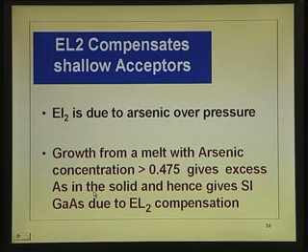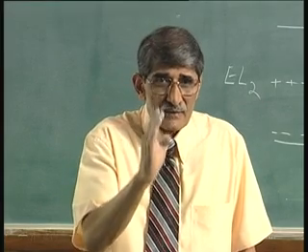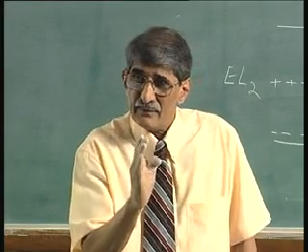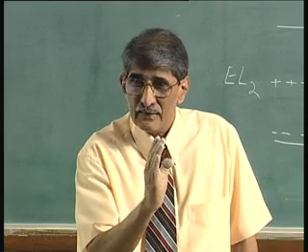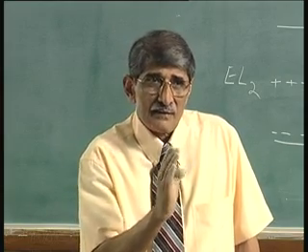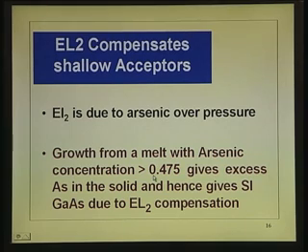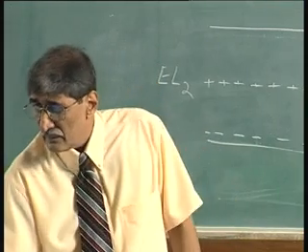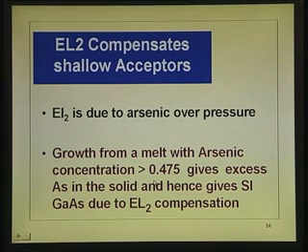The statement you can just note is that even if you do not grow from the stoichiometric melt, even if it is slightly on the left hand side, that is, slightly less arsenic, 0.475 rather than 0.5, when you freeze it and pull it, it has excess arsenic, and that sits in the gallium site. So people have found that you can get 10 to the power 9 ohm centimeter if you have the stoichiometry and above or slightly below that.